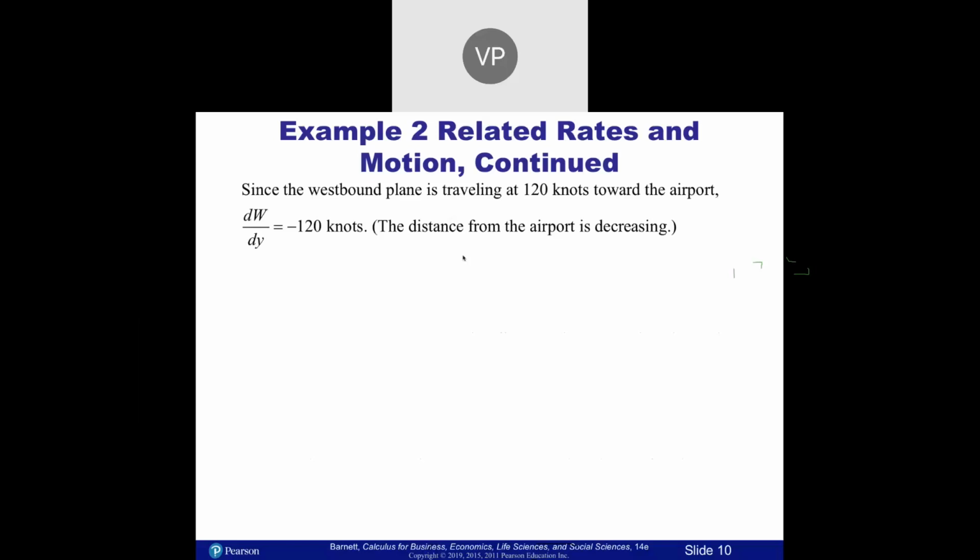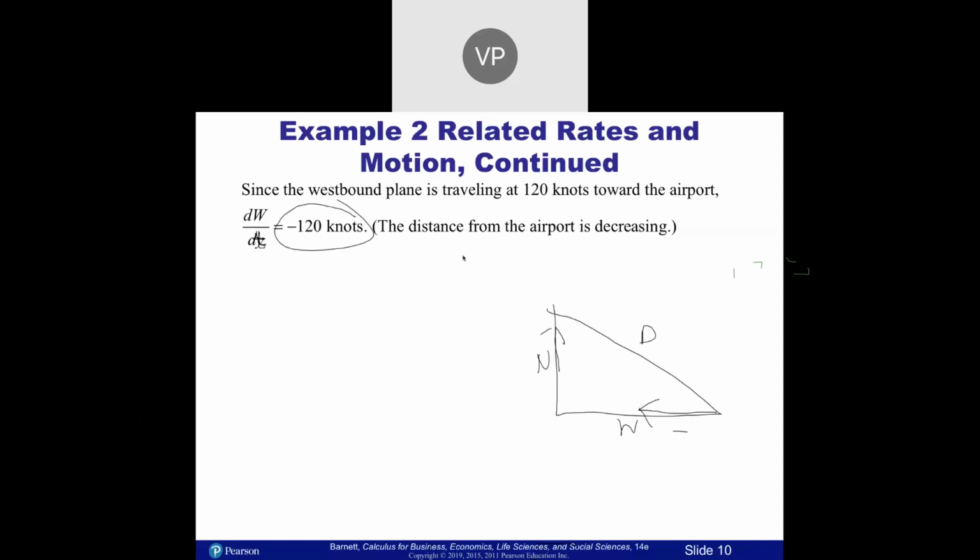I'll change that right there because everything is going to be with respect to time, just so you guys know. So the point is, that is a negative 120, because remember, here's w, here's n, here's d. Because this is traveling that direction, w is getting smaller. N is traveling that direction, so n is getting bigger.